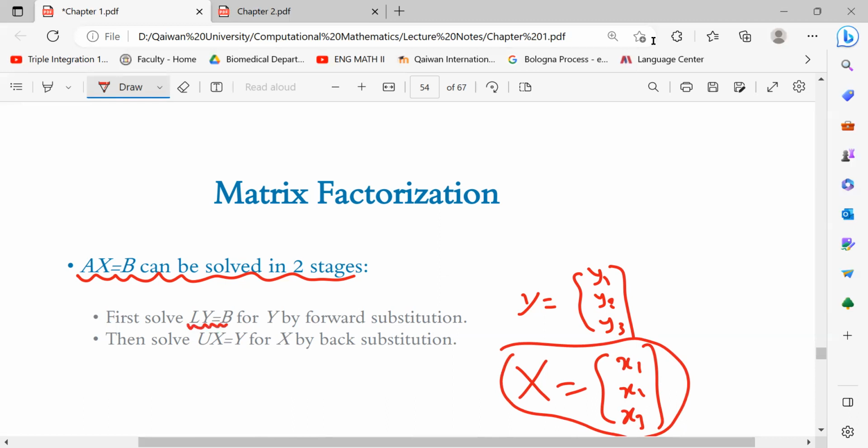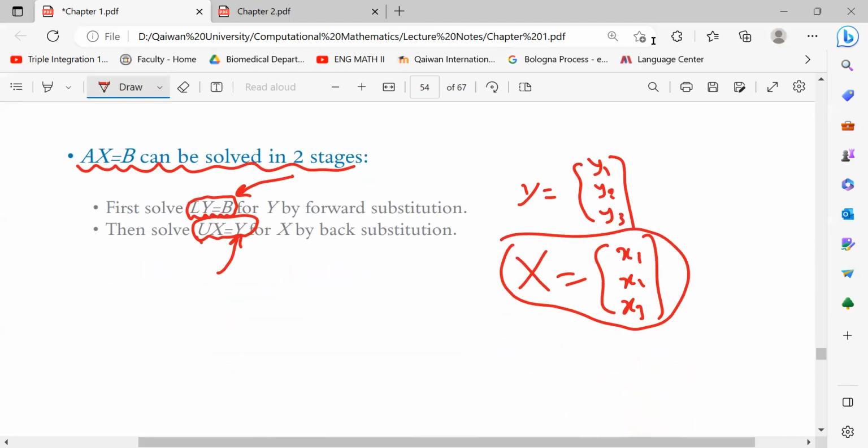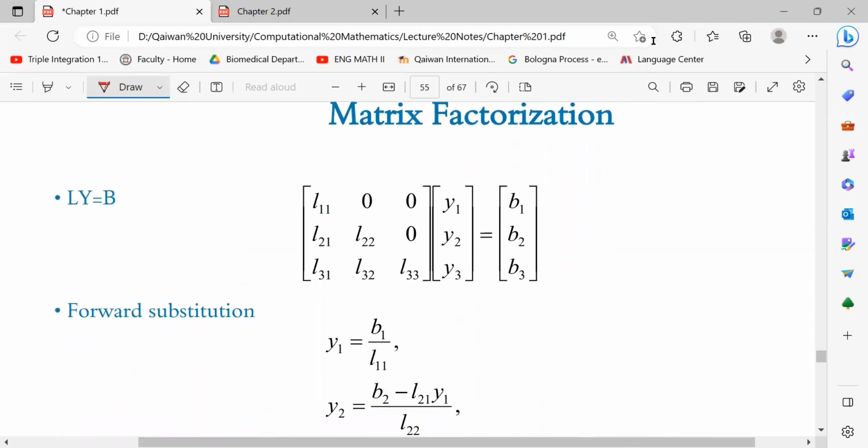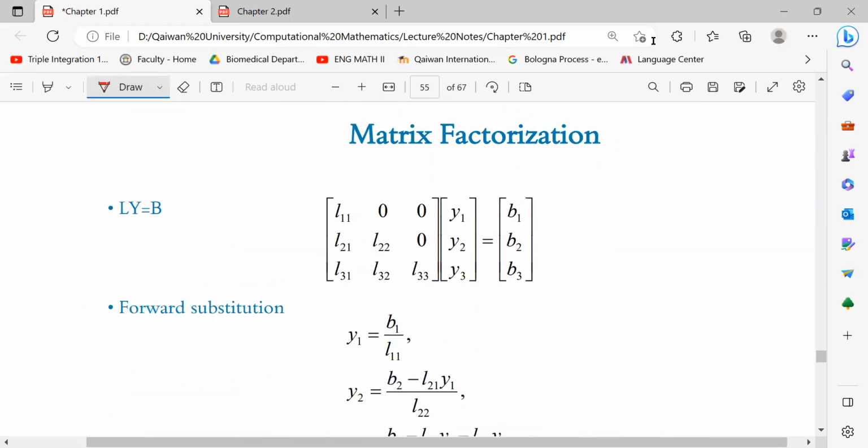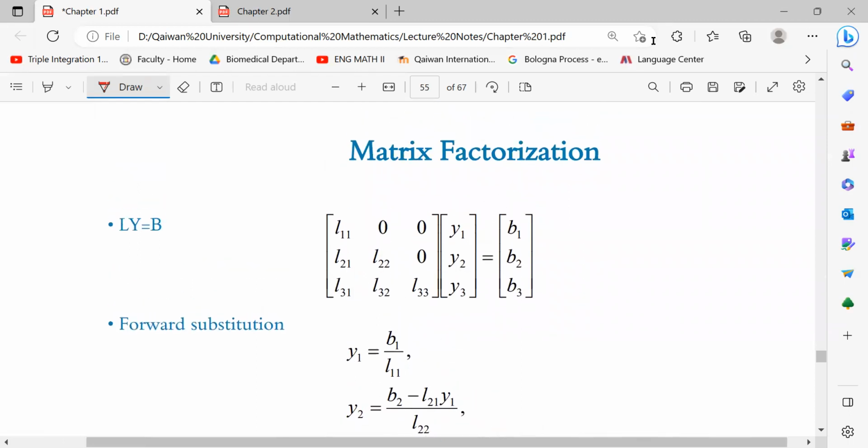First, we find L times Y equals B. Then, after finding Y from here, after finding Y, we replace here and find X. U times X equals Y. Okay? That's the process.